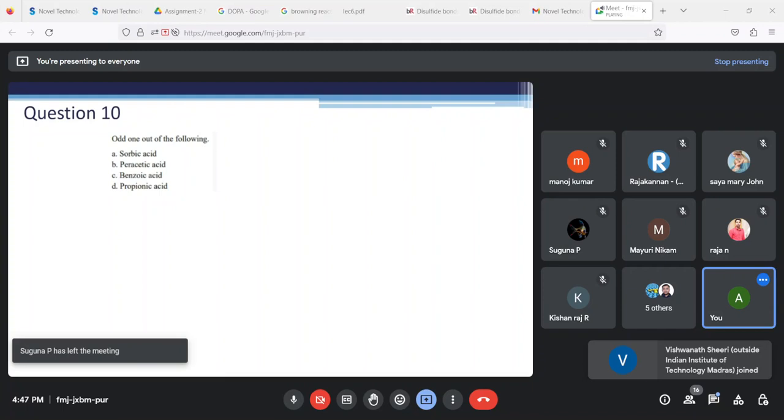And how do they act? What is the point of adding an acid to a food? So adding acid will control the pH of the food. So why is pH a very important factor in the food process?